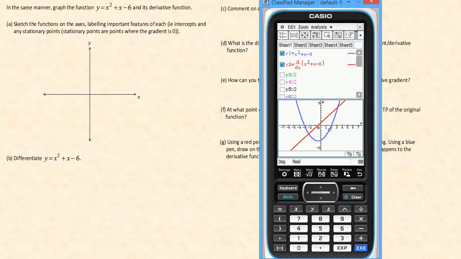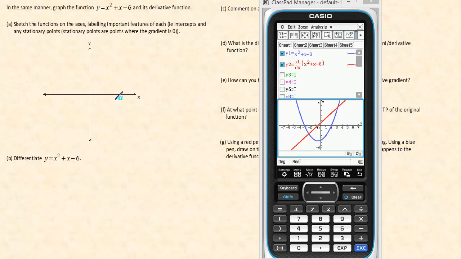So we can see that this one is quadratic, and I'm going to do them both in black, and we'll see why shortly. So it's a quadratic which comes down like so.